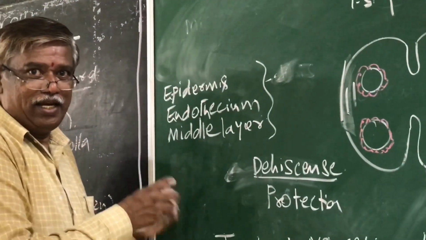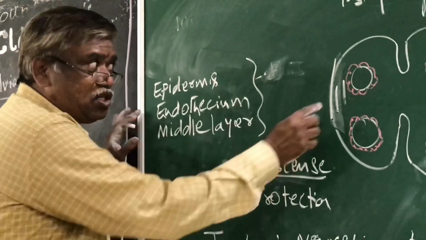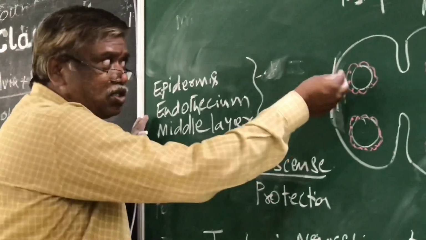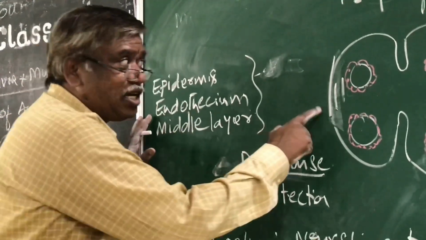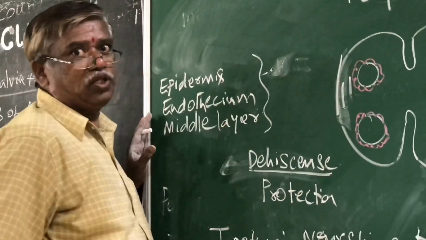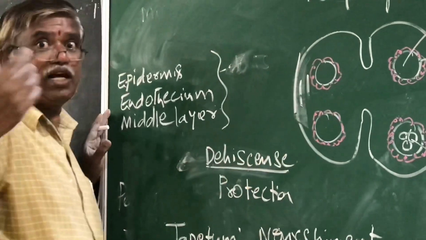Dehiscence is a Latin word; in English, it means breakdown. That means these three layers must be broken. Right. Due to this, the pollen grains are released. That means the function of these three layers, compared with the tapetum, is different. These three layers perform one function, and the tapetum performs another function.